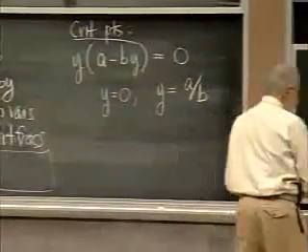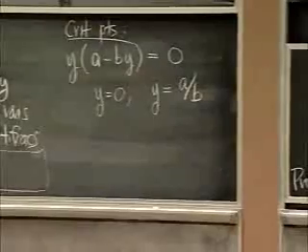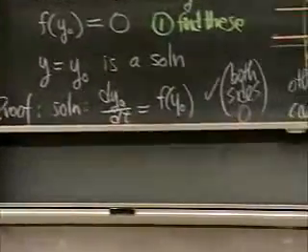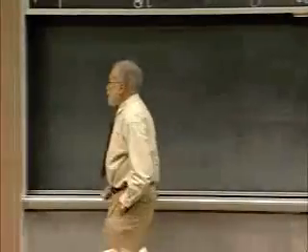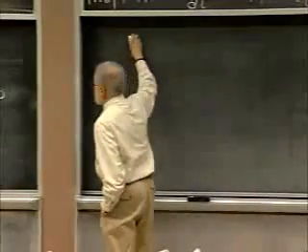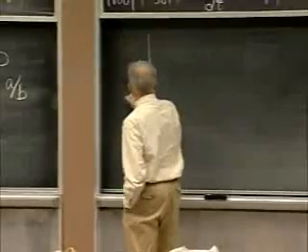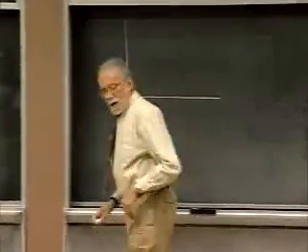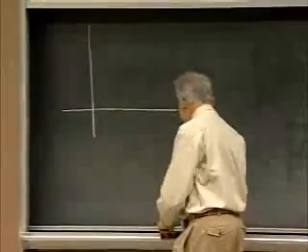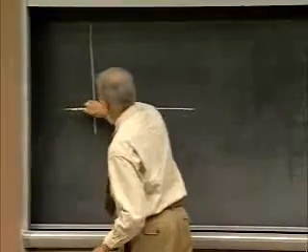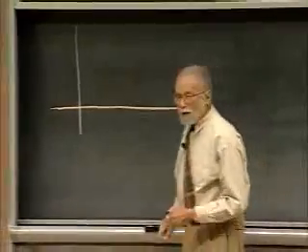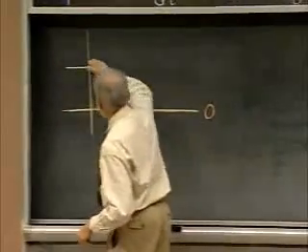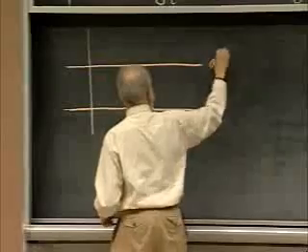So there are my two critical points. Okay, let's start drawing pictures of solutions. Let's put in those right away. The critical point 0 gives me a solution that looks like this. And the critical point a over b, those are positive numbers, so that's somewhere up here.